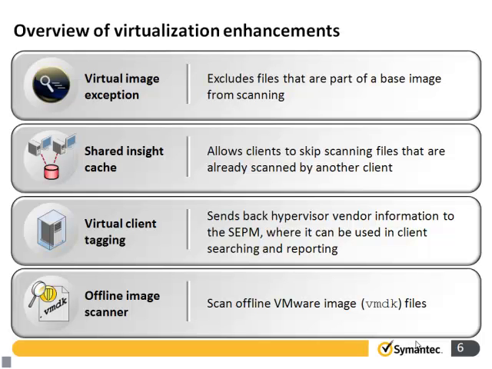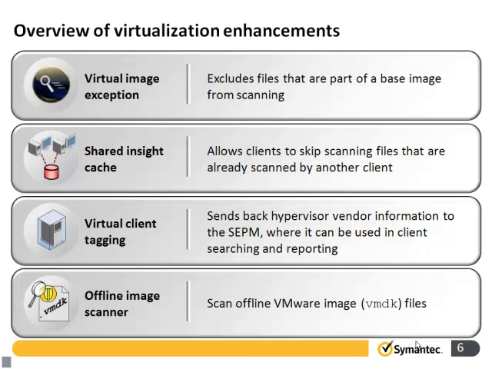So let's have a look at the overview of virtualization enhancements. We've brought in the virtual image exception, and this enables us to exclude certain files that are common across all the different guest clients, so that any that are in the base image can be skipped from scanning. Shared insight cache.